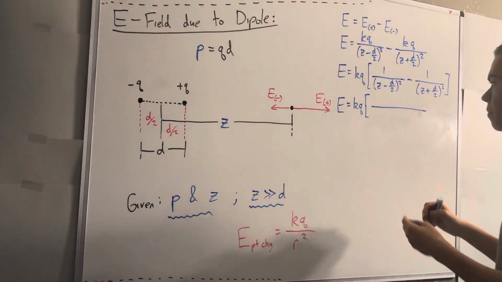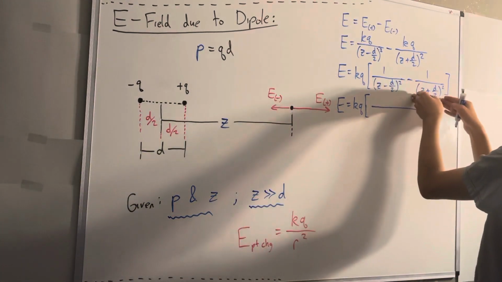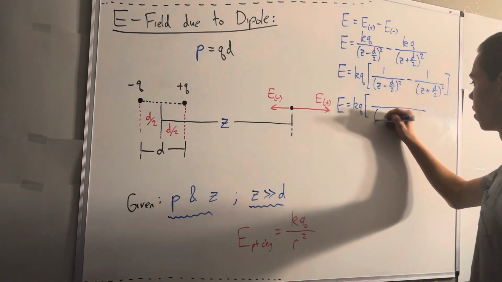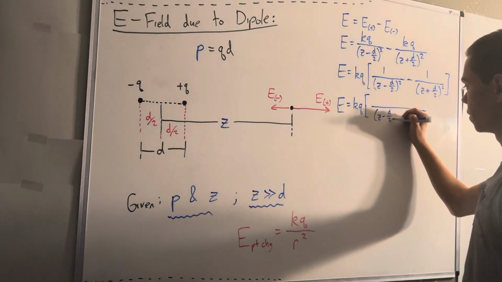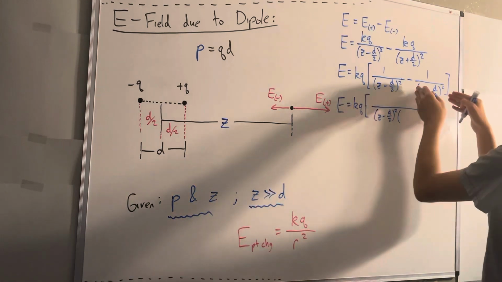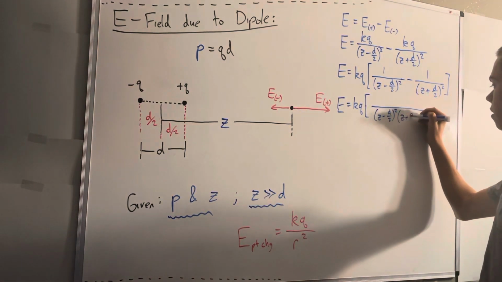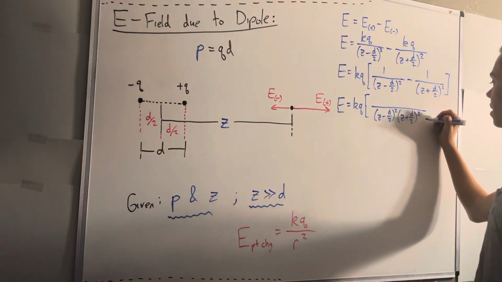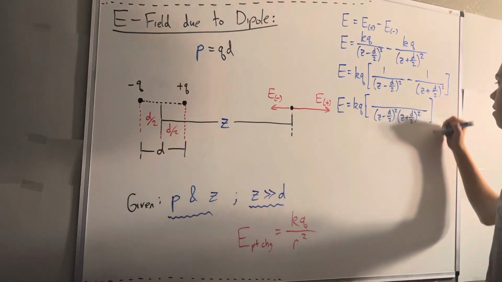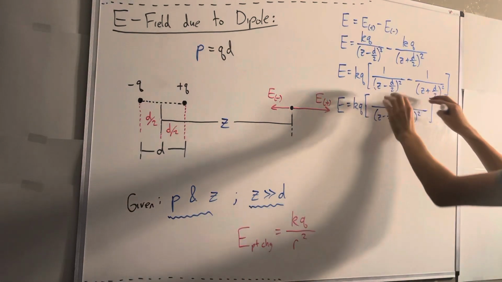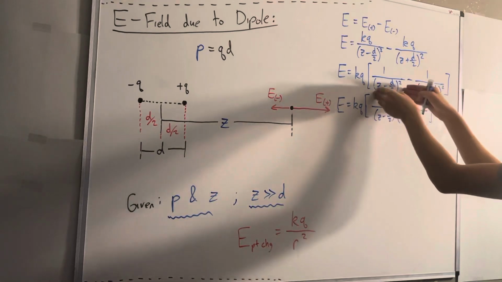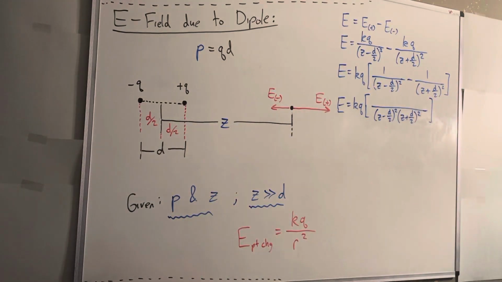We need to make sure they have the same denominator, so we're going to make sure this and this are in the denominator. So (Z minus D over 2) squared times (Z plus D over 2) squared, right? That would basically be our denominator that we could use to combine these fractions, right? Pretty much the multiplication of these two things, which we get that.